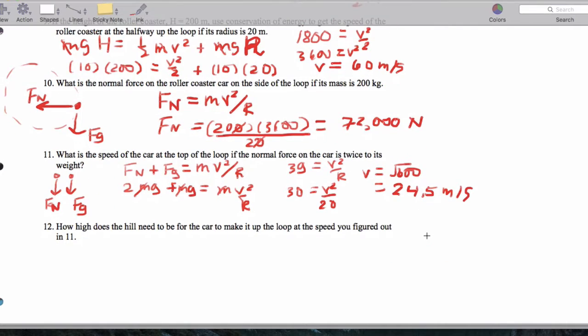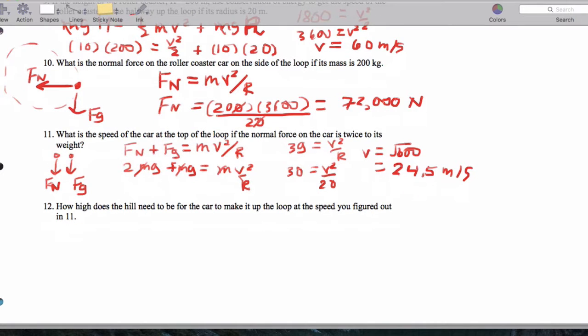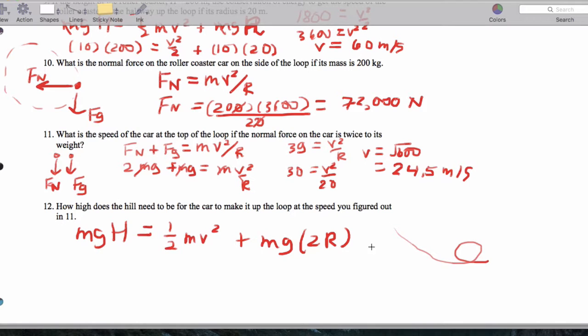All right, now it says how high does the hill need to be for the car to make it up the loop at the speed we figured out in 11. So here's the idea. That hill is mgh, and the effect is that we're going to get kinetic energy, and at the top of the loop, our height is 2 times r. So just to kind of be clear, we've got h here, and the height here is 2r. And we have a speed. So what's nice is the m's actually cancel across here too.